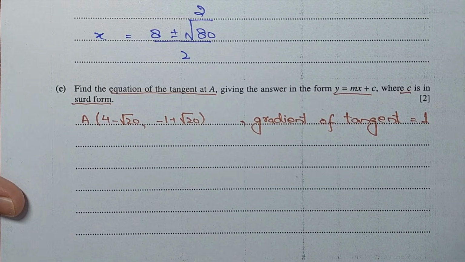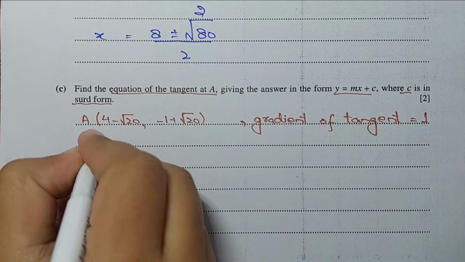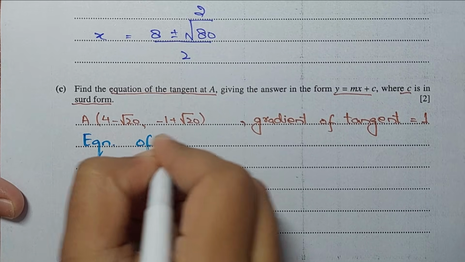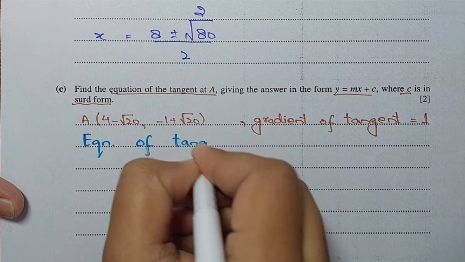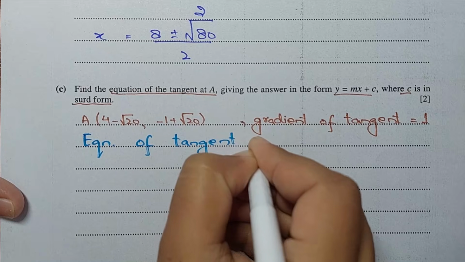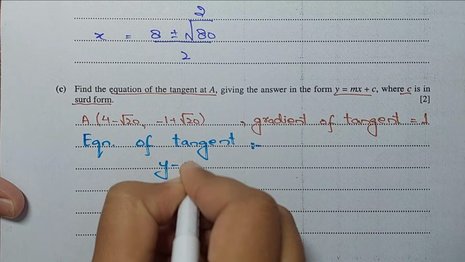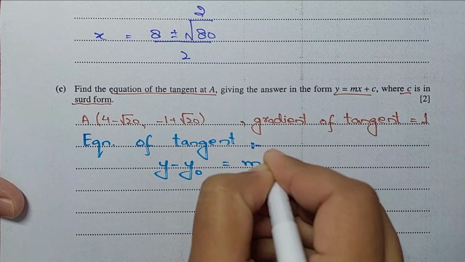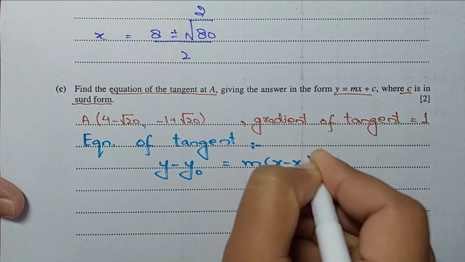So the equation of the tangent becomes y minus y naught equals m into x minus x naught.